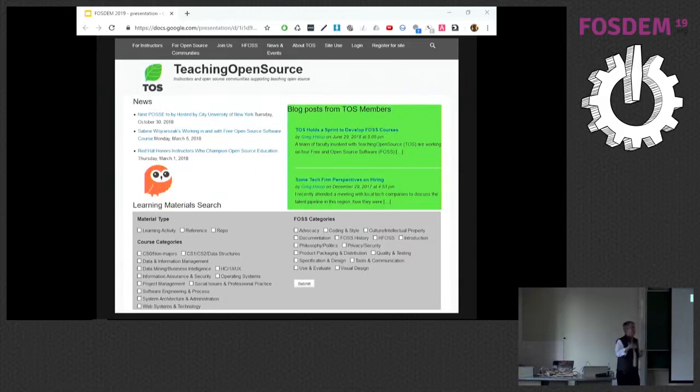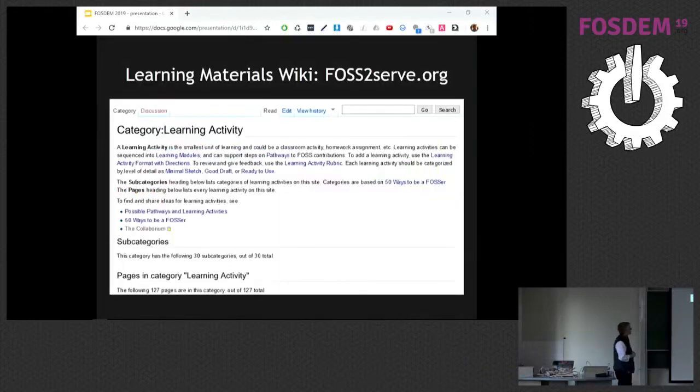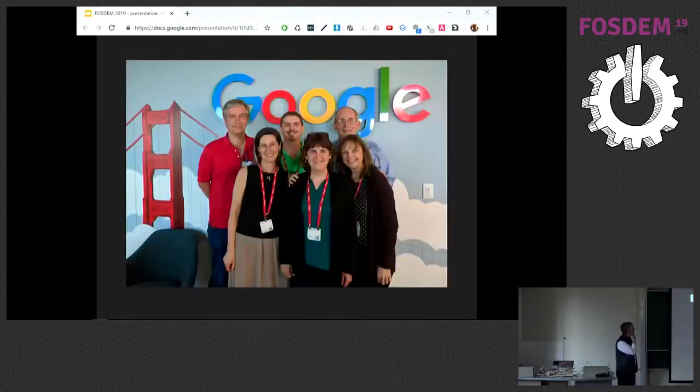It's very hard for a professor, even though they're in a position of authority, to admit to their students, I don't know the answer to this question. So we have a collection of materials. Some are very polished, some are very rough. We're trying to move those forward. This is part of our team at the Google workshop we did.